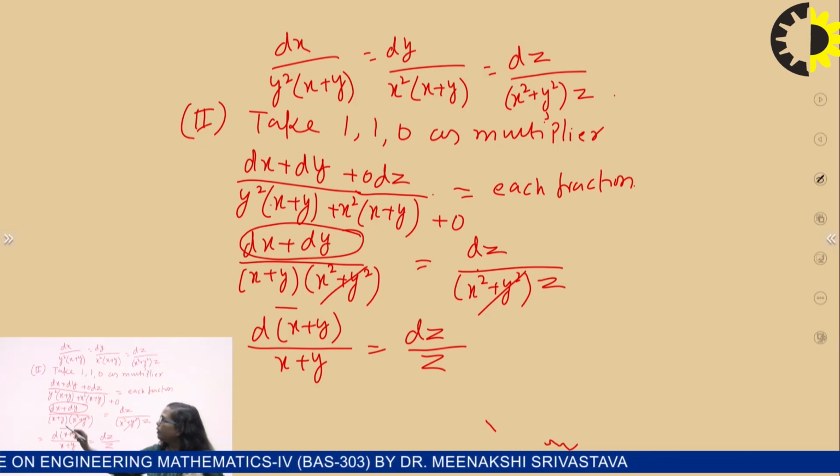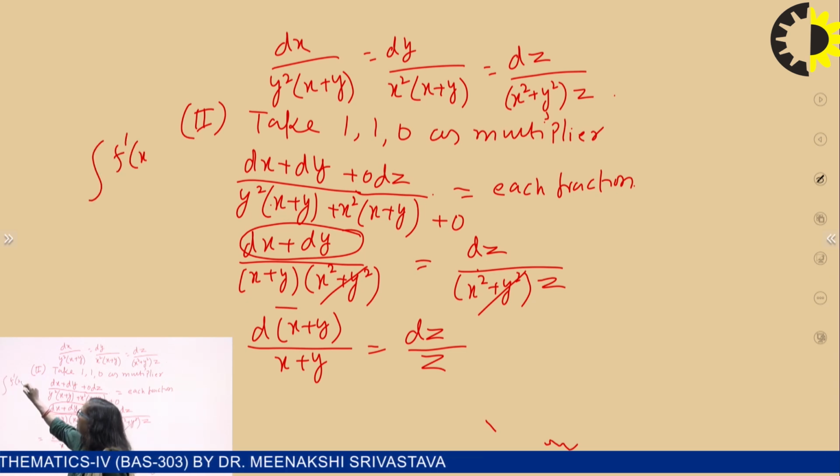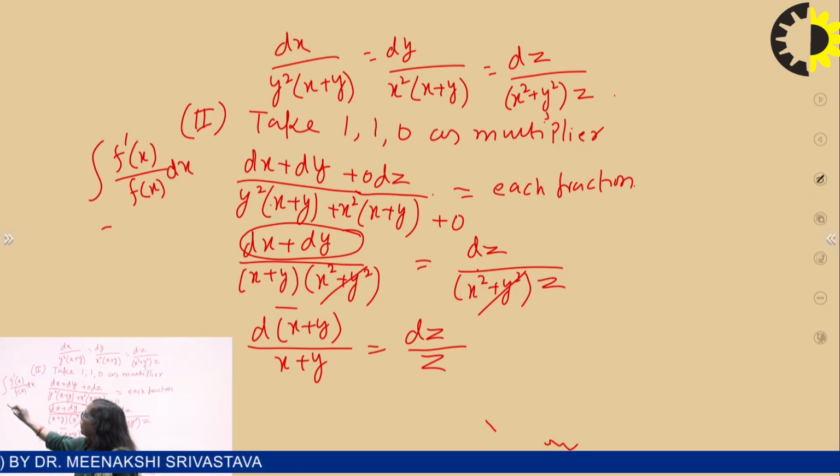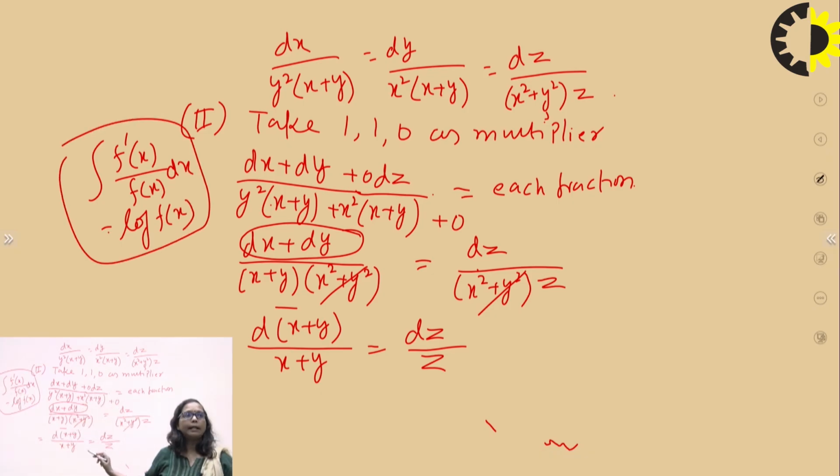And we know that to solve this type of expression, we have the formula: integral of f dash x by fx dx is equal to log of fx. So I applied this formula, and this is integrable now. We integrate both sides and we get the solution.